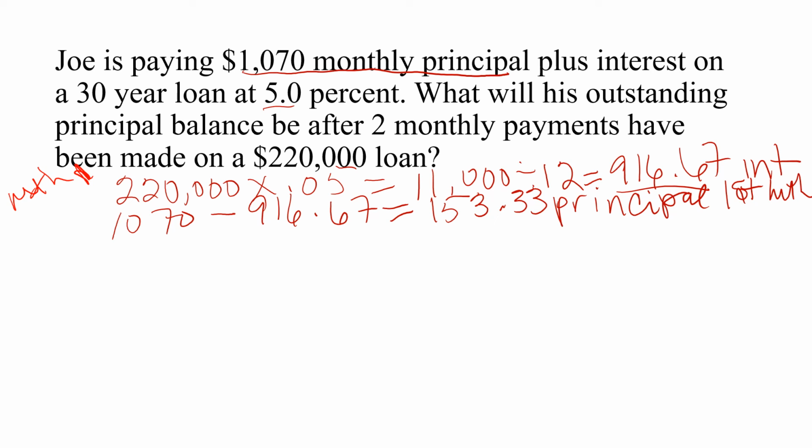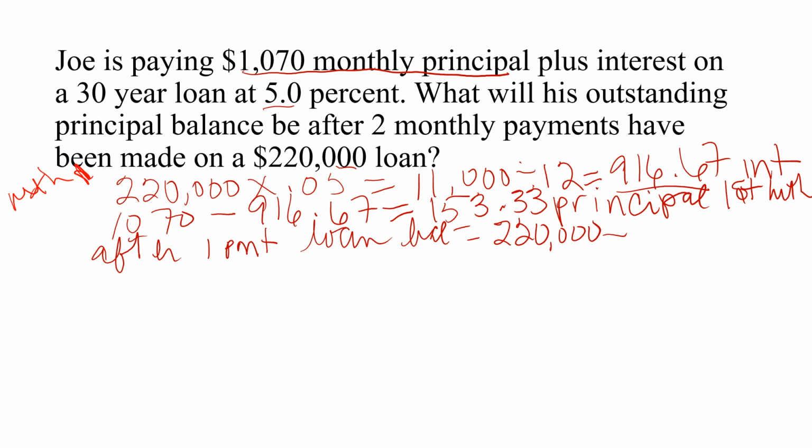So that means that after my first monthly payment, my loan balance equals 220,000 minus 153.33 equals 219,846 and 67 cents.